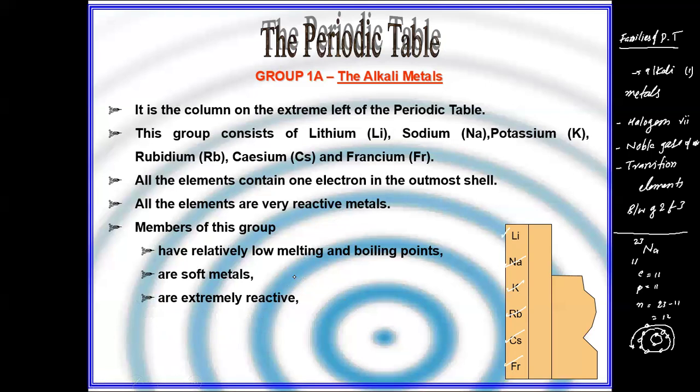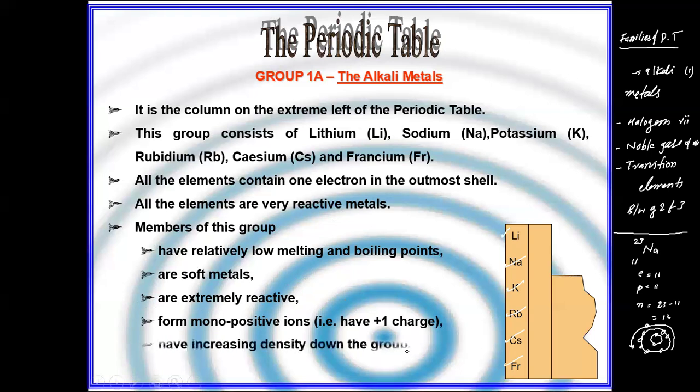They are extremely reactive. We have already talked about this one. If we see, they form monopositive ions. What is meant by this? Why do they make positive ions? For example, I'm talking about sodium. It has one electron in the outer shell.